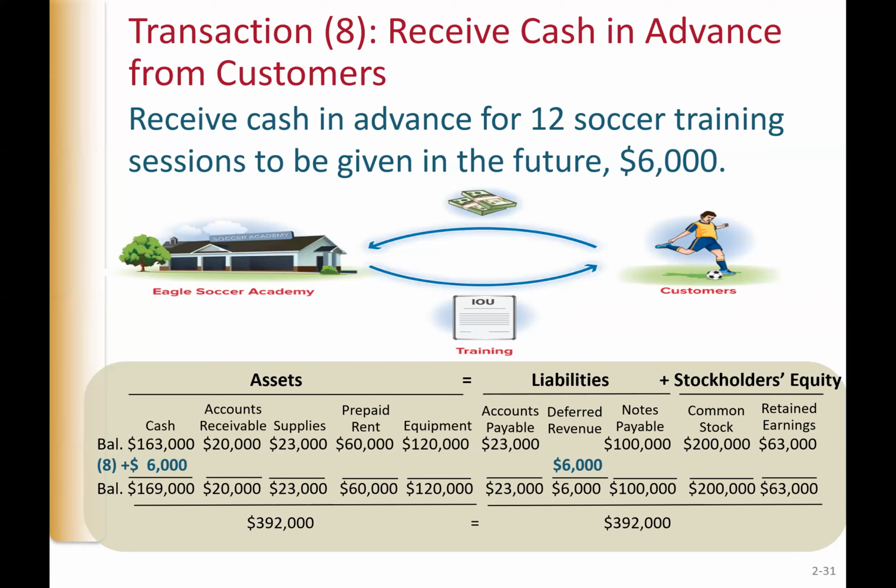Because it has the word revenue in it, it is not a revenue account. It is a liability. It's something we owe in the future. We haven't performed it yet. So that is a liability. But with this transaction, do our assets still equal our liabilities plus our stockholders' equity?